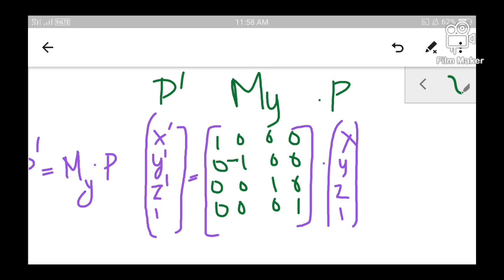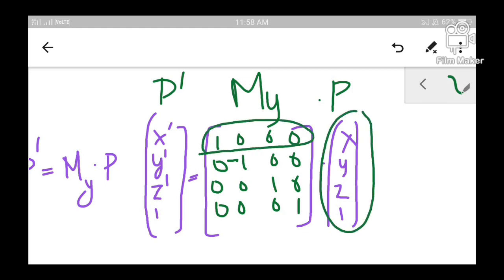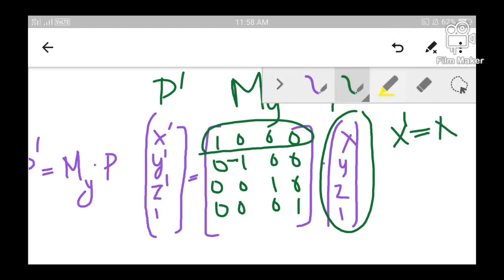Now let us multiply. I am going to multiply the first row with the column matrix. It becomes 1 into x plus 0 into y plus 0 into z plus 0 into 1, which gives you x dash equal to x, which means x is multiplied by 1 and all other terms are multiplied by 0.